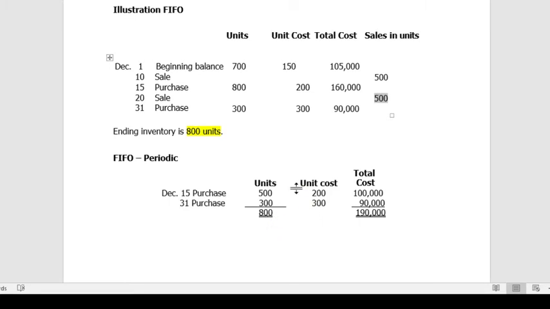So magkano mo siya i-measure? Di kung magkano siya binili at that time. For example, on December 31, yung 300 na inventory doon ay at 300 per unit. Yung 500 naman on December 15 is at 200 per unit. So 500 times 200 is 100,000. 300 times 300 is 90,000.